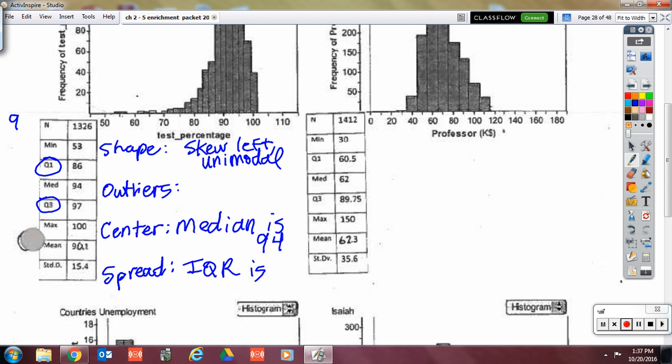So 97 minus 86 is 11. Okay, very good. Since median and IQR are the center and spread I choose to use, then what way should I check for outliers? Should I use the box plot, the IQR method, or the standard deviation method? I should use the IQR method.